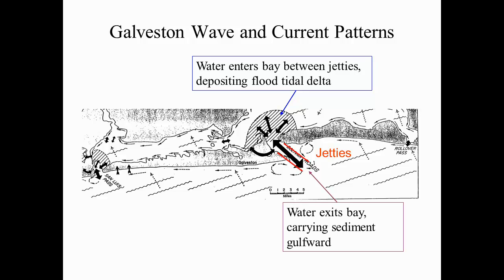There are other times when the water exits the bay, carrying sediment Gulfward. This could occur, for example, during low tide, or more likely when we have strong winds blowing down from the north, pushing water out from the bay into the Gulf.